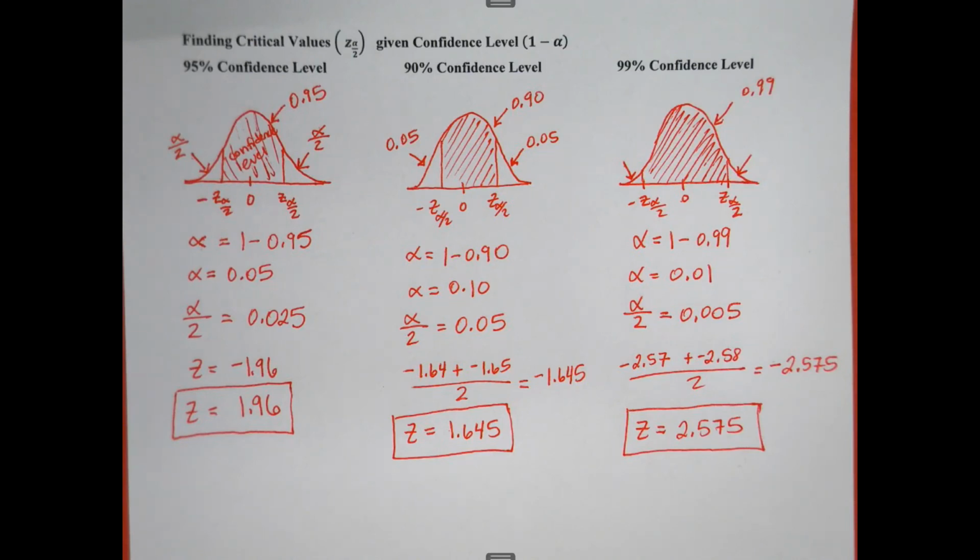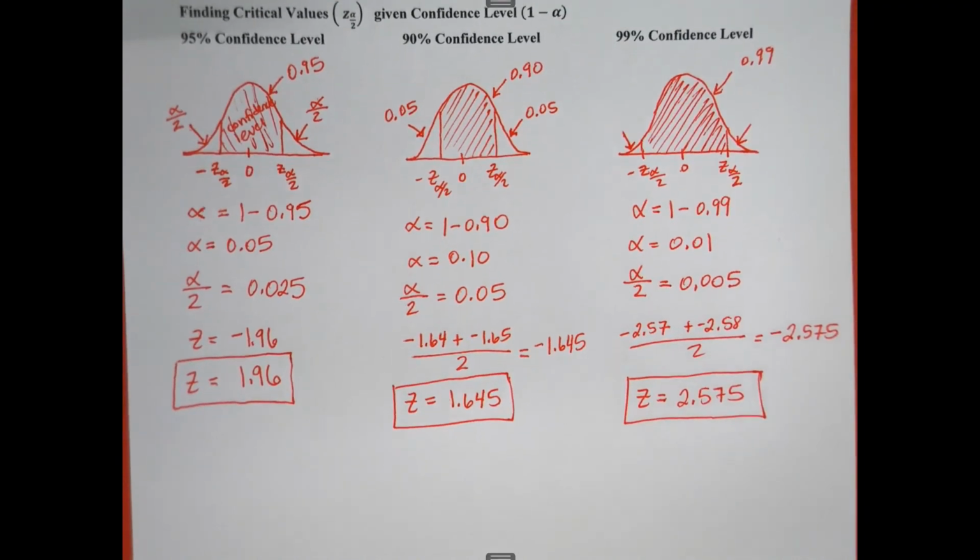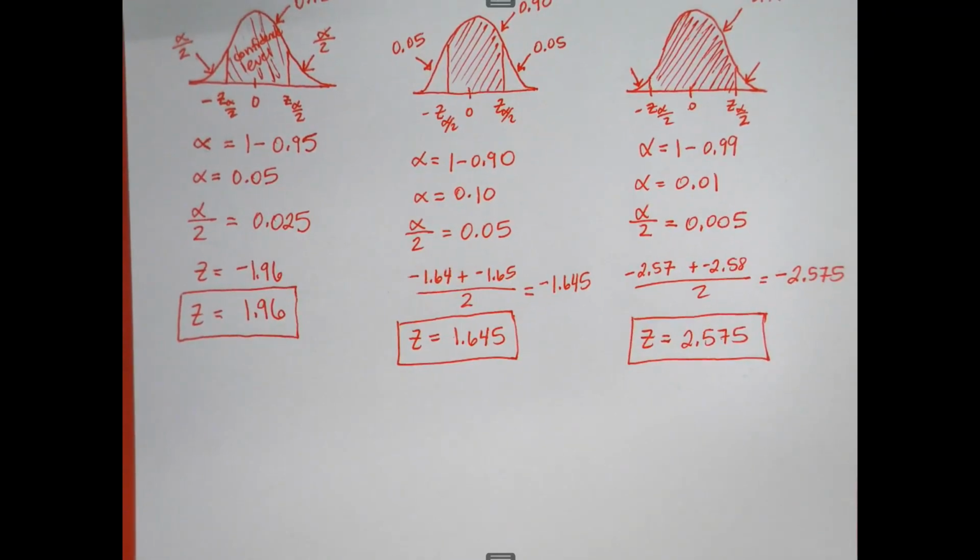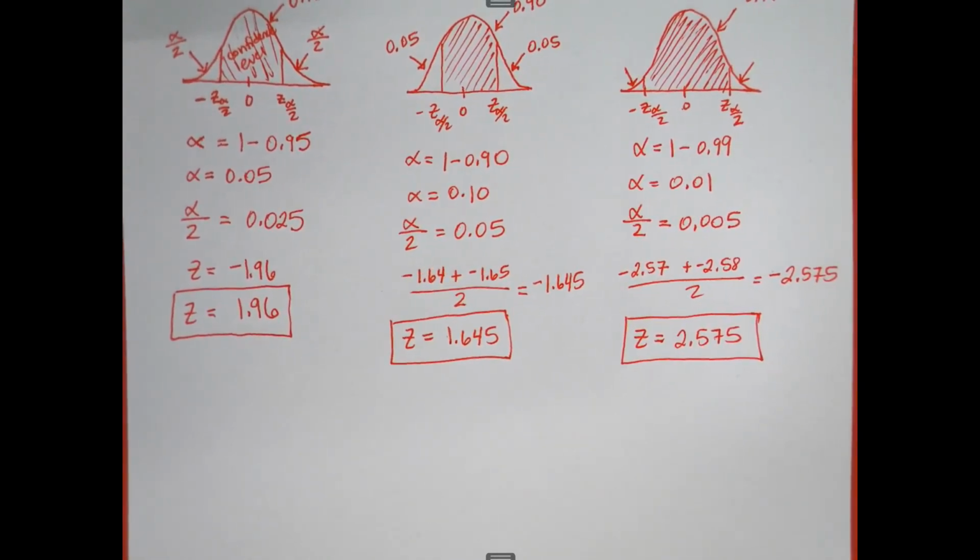More than likely, you're going to be dealing with problems that have one of these confidence levels. And so you can just use these values, and if you even look at the standard normal probability table, they call it table A from the textbook, it has these written down at the top or the bottom of it. I don't remember which one. And so you don't have to actually find them.